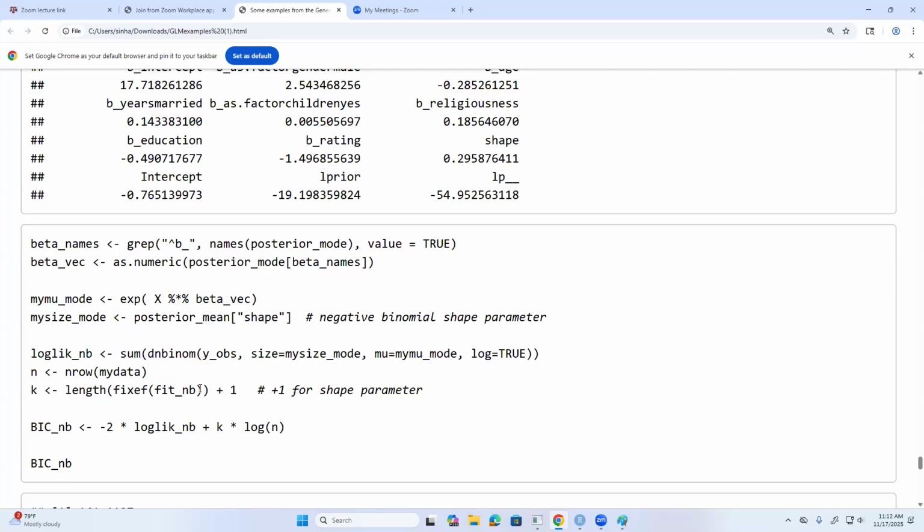So for different models, we calculate BICs and choose the model with the lowest BIC value. What you can do for all four models, Poisson, zero inflated Poisson, negative binomial, zero inflated negative binomial, is calculate the BIC value and see whether the BIC is the least for the negative binomial model. That will verify that based on marginal likelihood, what you did is the right thing.